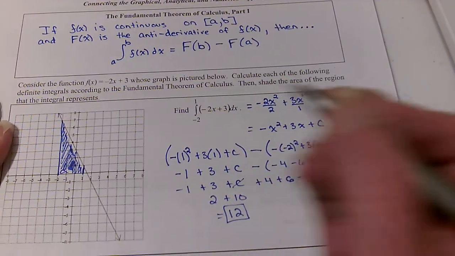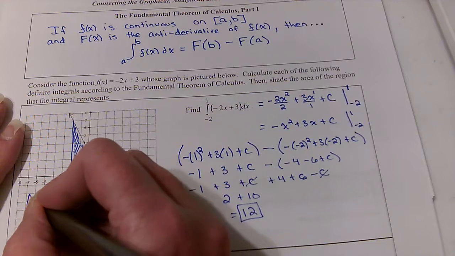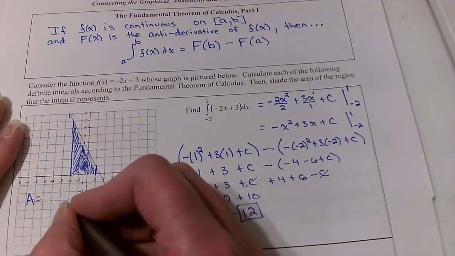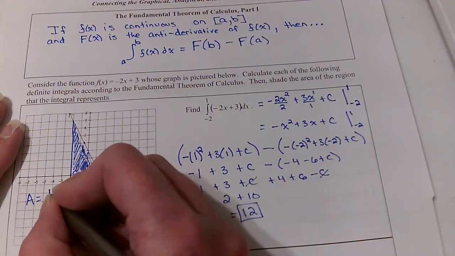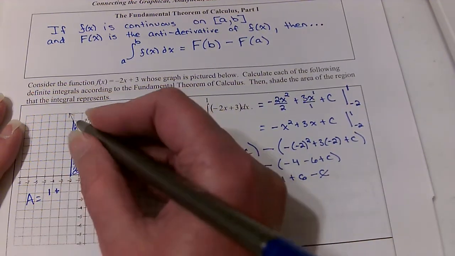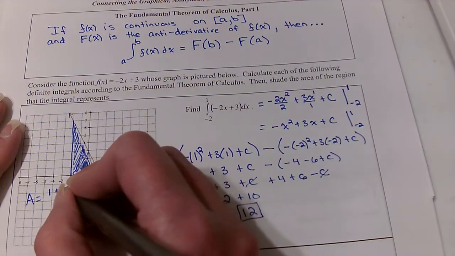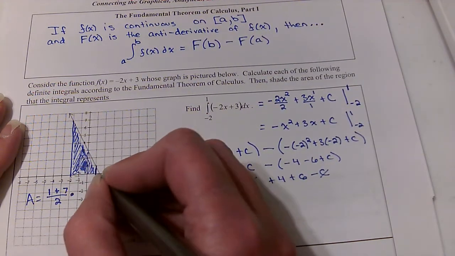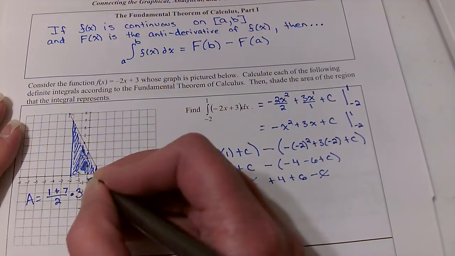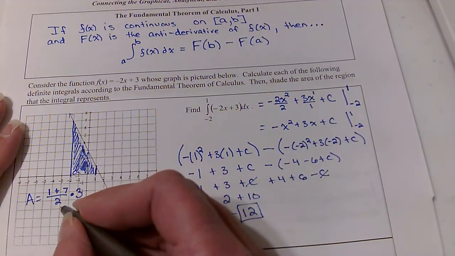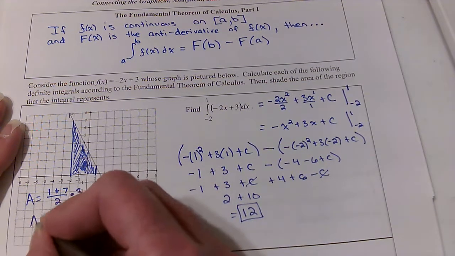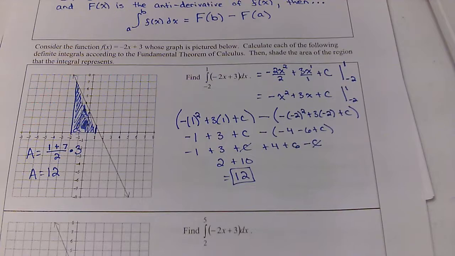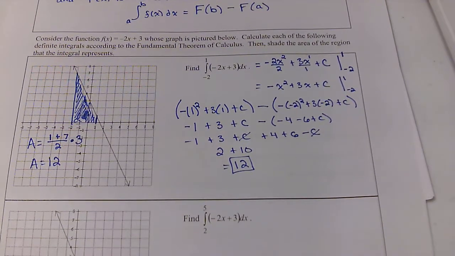So the area under that curve is going to be the average of my bases. So that one's 1 plus 7, averaged, times this width, which is 3. So that's 8 divided by 2 is 4 times 3. My area under the curve is 12. Oh, it's the same thing.